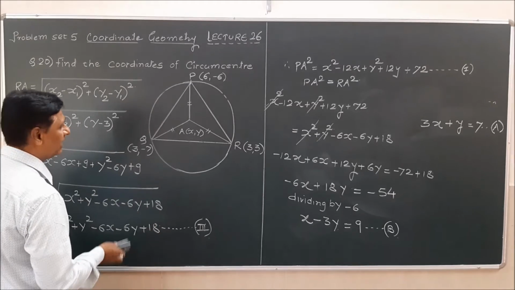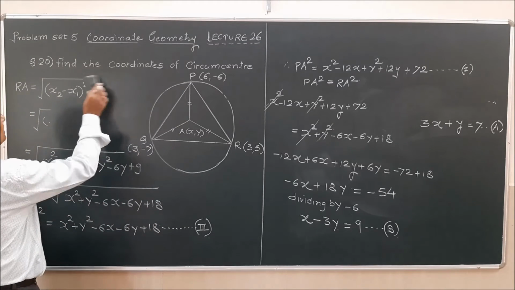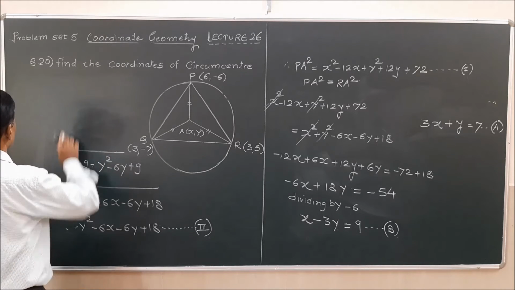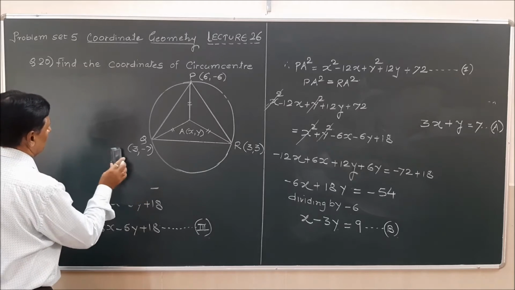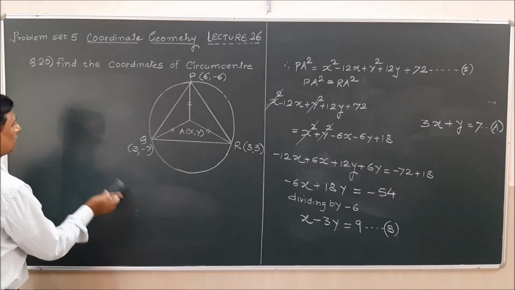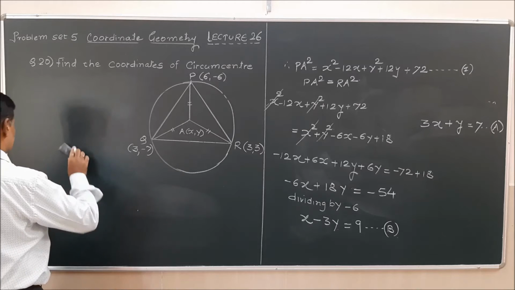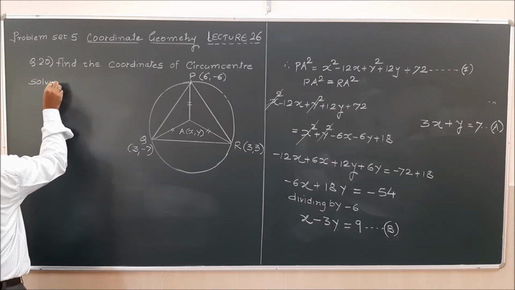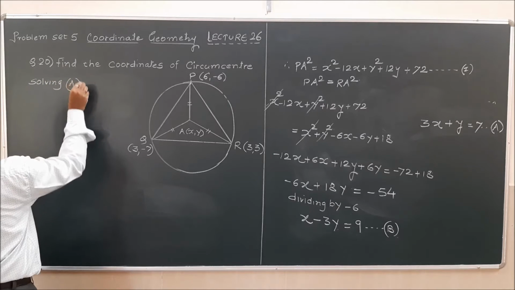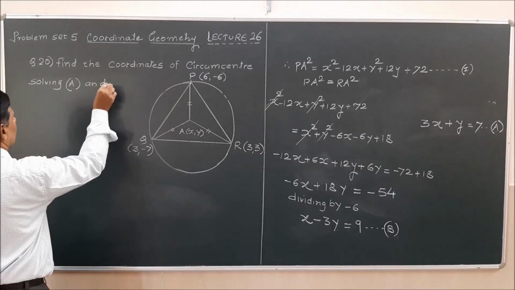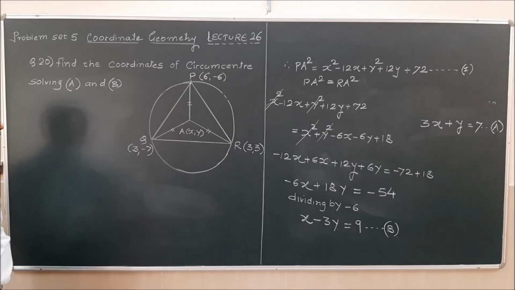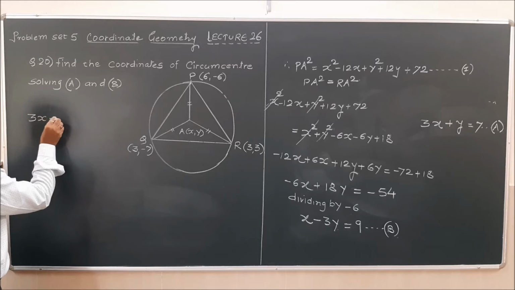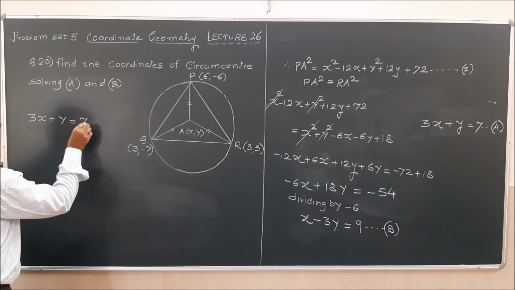Now let's solve A and B. Now the first equation is 3x plus y, that is equal to 7.